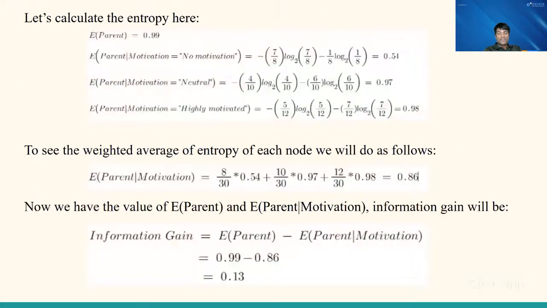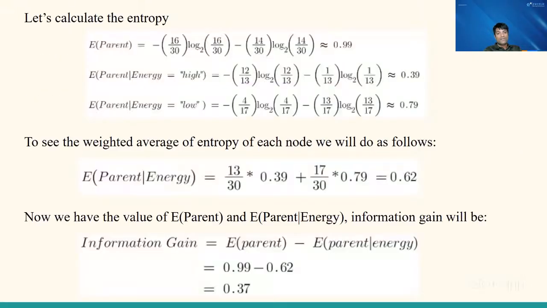For the first feature, energy, when you calculate, you are getting an information gain of 0.37. As I already told you, information gain should be more. For example, if you have 10 features, to start your root node, you calculate which feature is actually giving you more information gain, right?